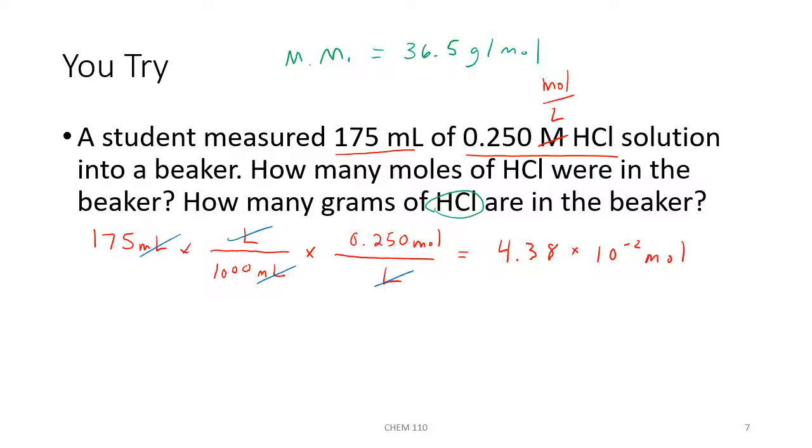Starting with our moles, 4.38 times 10 to the negative 2 moles, and multiplying by our molar mass, 36.5 grams per every 1 mole. Our moles will cancel and we'll be left in units of grams, which should be 1.6 grams of HCl.